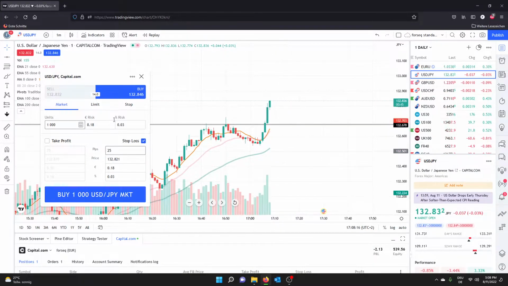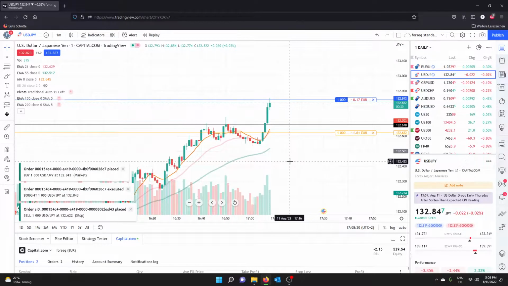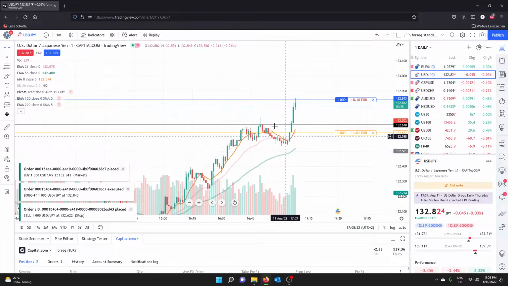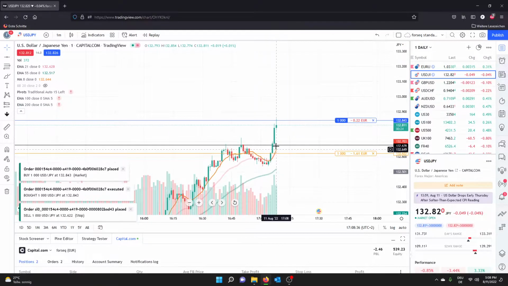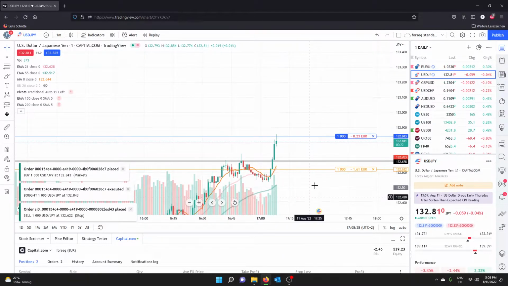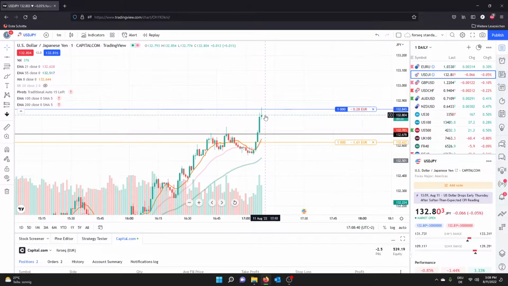Yeah, we will trade this breakout here. Maybe we put our stop loss here, 132,624. And I think if this breakout really is strong, then the prices will move up pretty fast, and it will not go back to this level here.